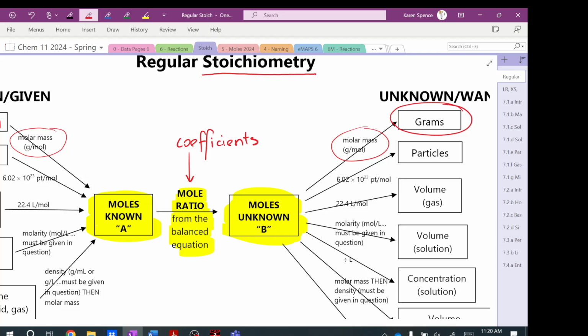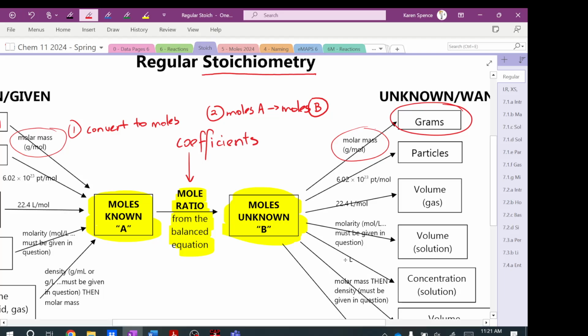So essentially in this unit, step number 1 is always going to be convert to moles. Step number 2 is always going to be convert from moles of A to moles of B. And then step number 3, maybe you're only asked for moles and you're done.